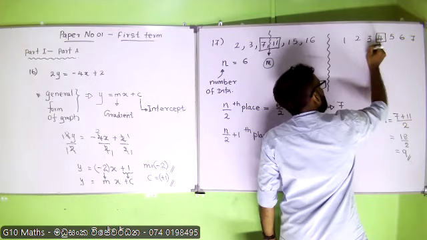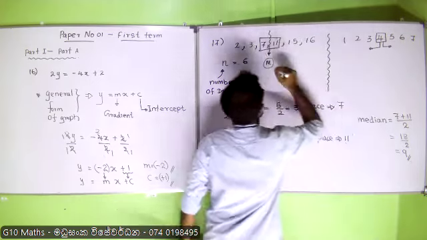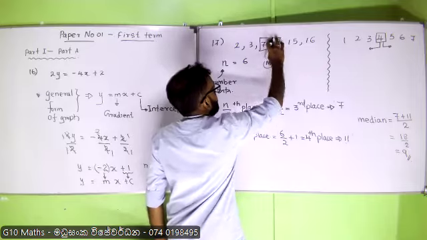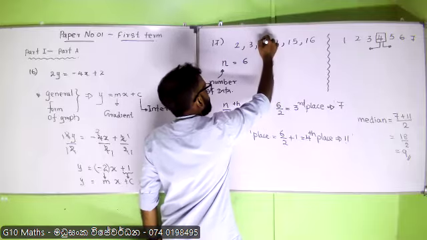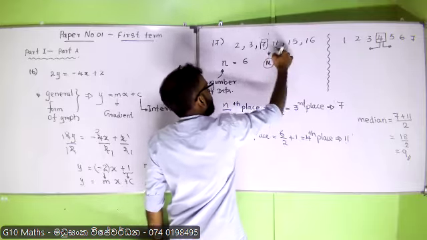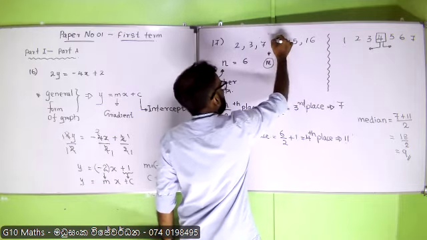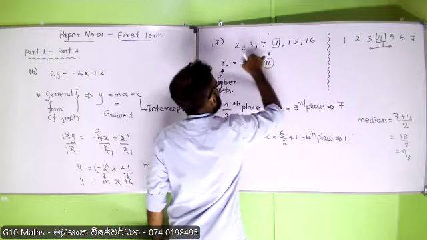For the odd set, on your left-hand side you have 3 data and on your right-hand side you have 3 data. But with this one, you cannot find it like that. If you select 7, to this side you have 2 data and to this side 3 data.